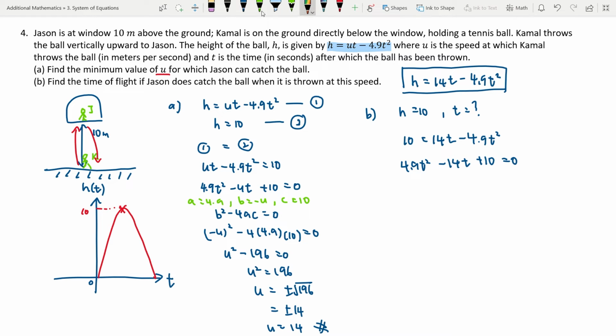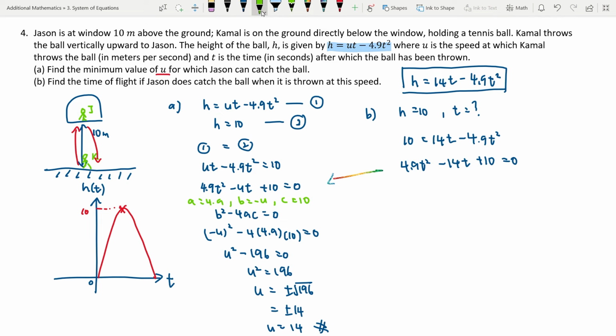So it is actually the same thing as from here. And now we need to solve for our t. This equation is a quadratic equation. We can do factorization, completing the square, or use the formula to solve for our t. For this question, I will do it using the formula.